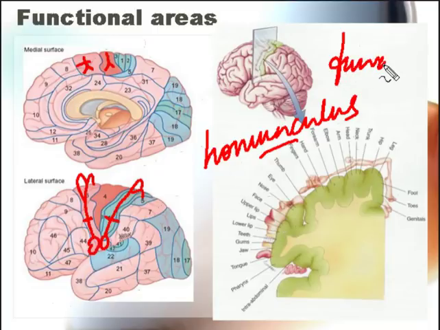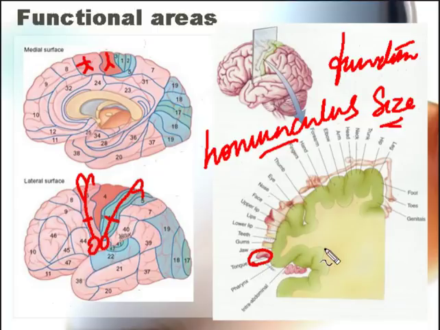For example, the tongue is a very small organ, but it has a large area of representation because it's functionally very important: you use the tongue to taste, to swallow, and to speak. So it has a lot of function. The thumb, compared to all the other fingers, is the most important digit, so it has a greater area of representation compared to the other digits.